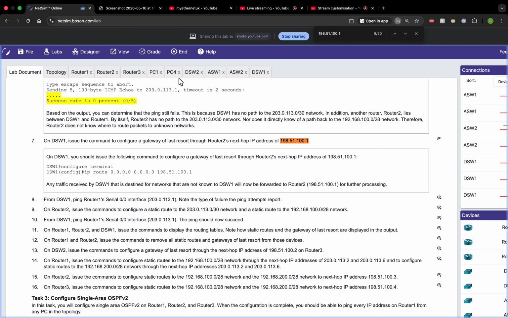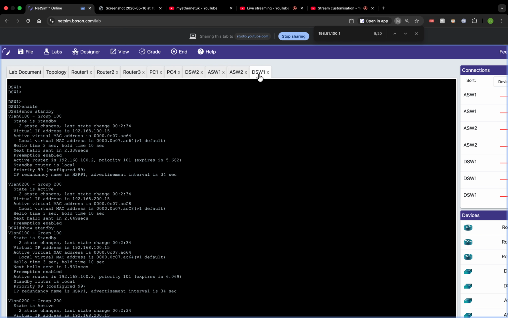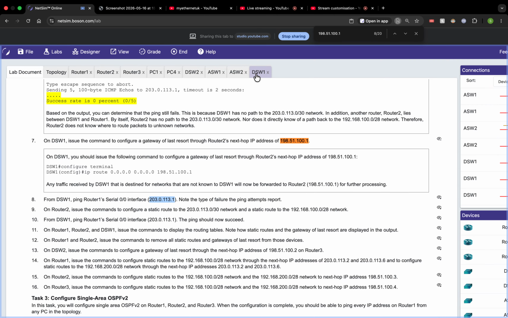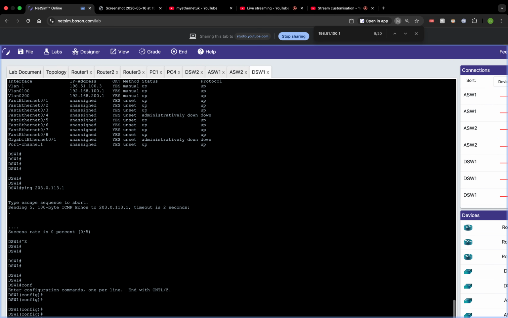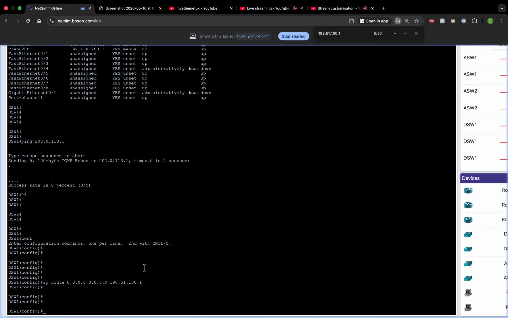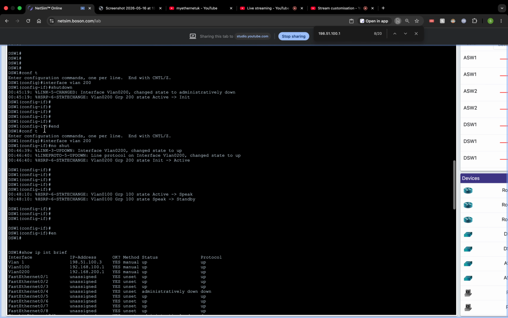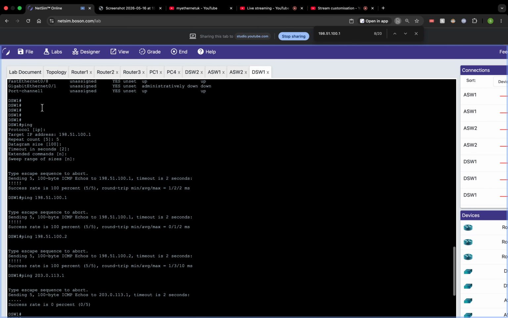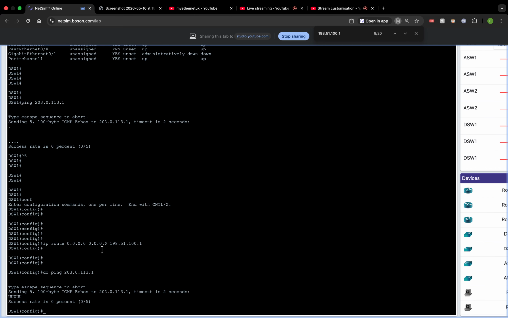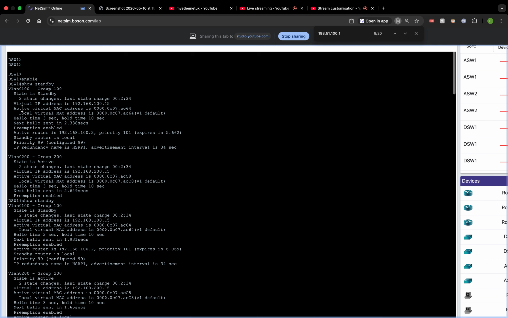So basically what we're saying on DSW1 is, if you don't know where to send a packet, please send it out of this interface 4, which is the next hop.